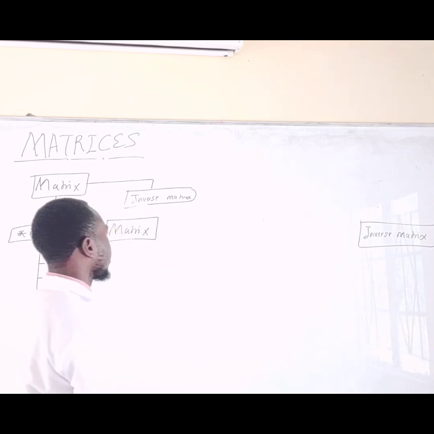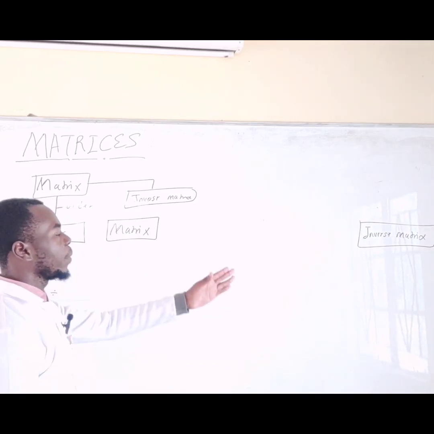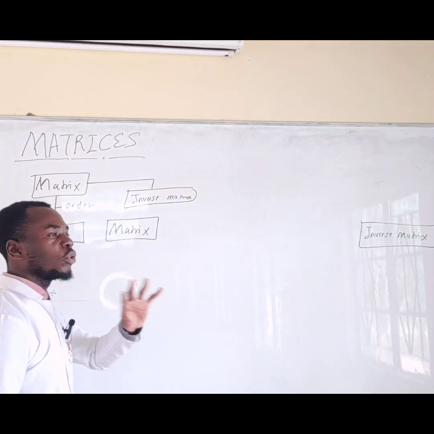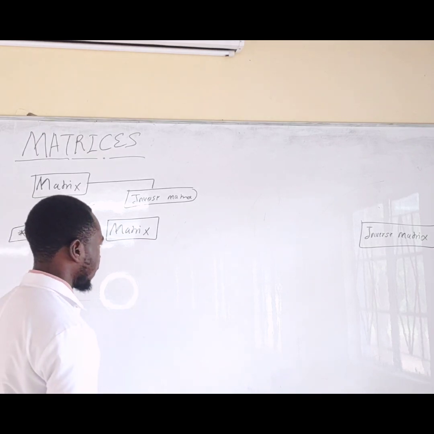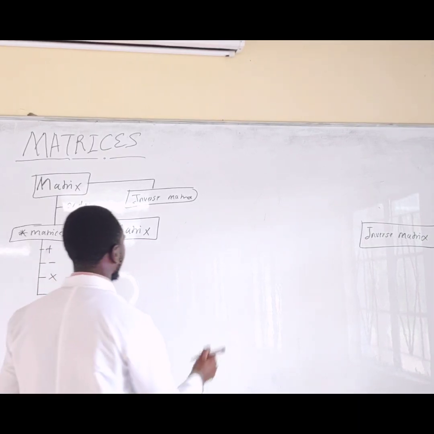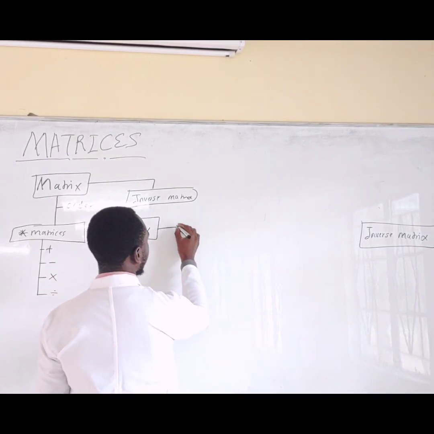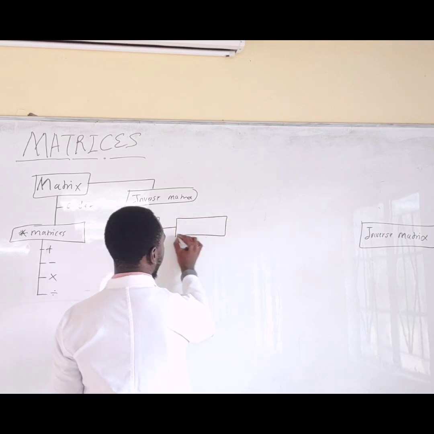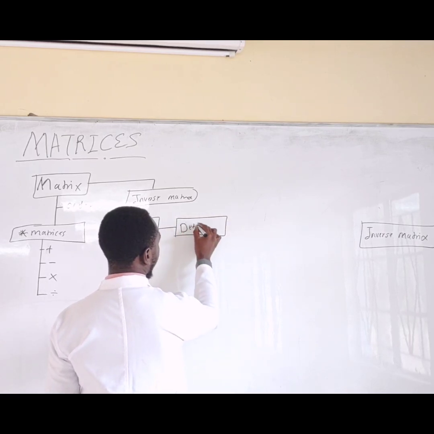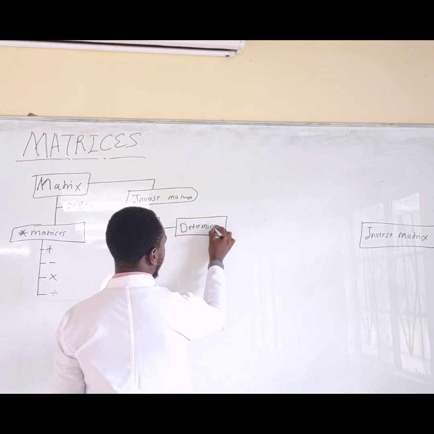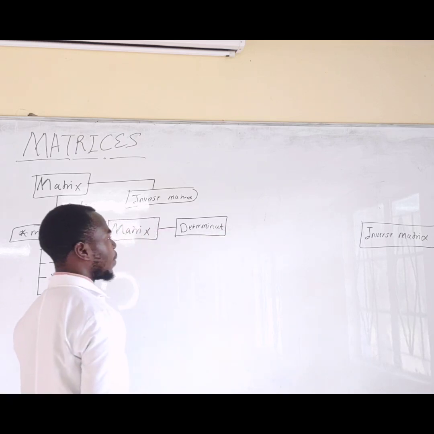In order to come up with an inverse of the matrix, you are going to go through intermediate processes. I believe the first process is to find the so-called determinant, the determinant of a matrix.